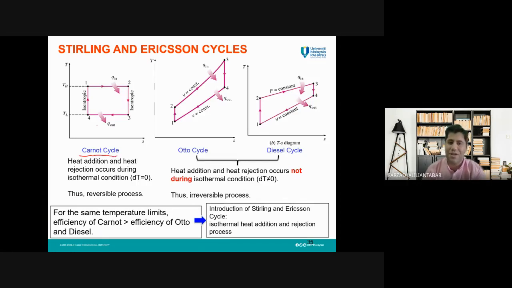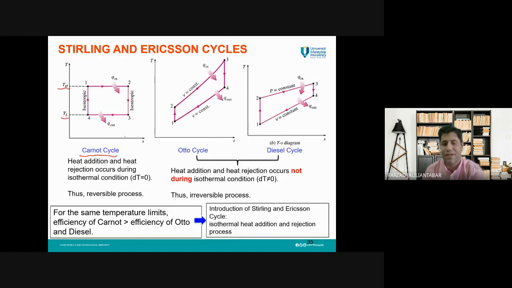The characteristic of the Carnot cycle is that all of the processes in this cycle are reversible. Also, we have two isentropic processes and two isothermal processes.